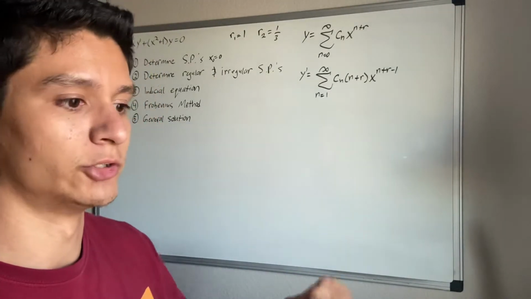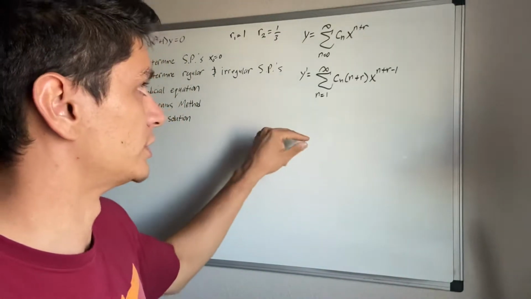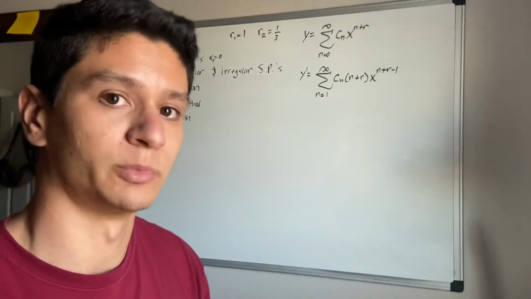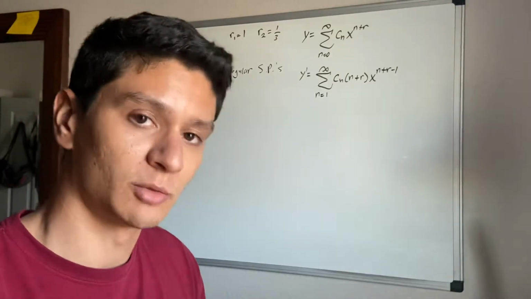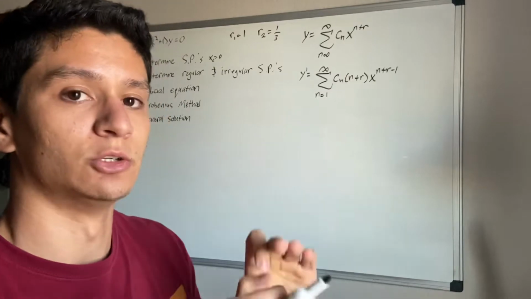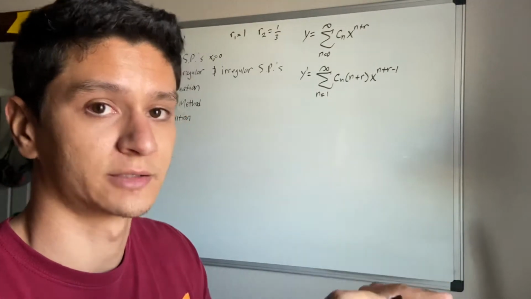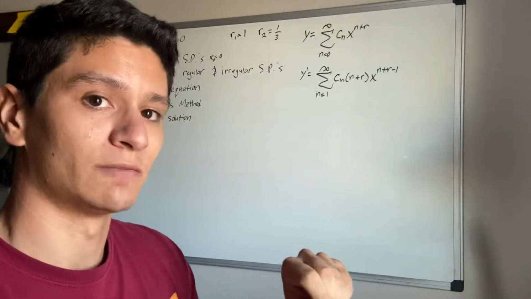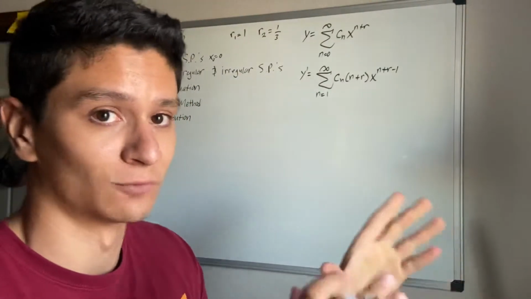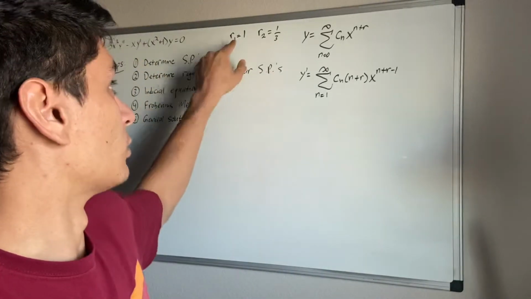The reason you keep it at n equals 0 is that in the process of doing the Frobenius method, you will come across the initial equation, because you set the entire coefficient of the lowest power of x equal to 0, meaning if you have x to the negative 1, then you set everything in front of x to the negative 1 equal to 0, and that's going to give you your r terms, r1 and r2.